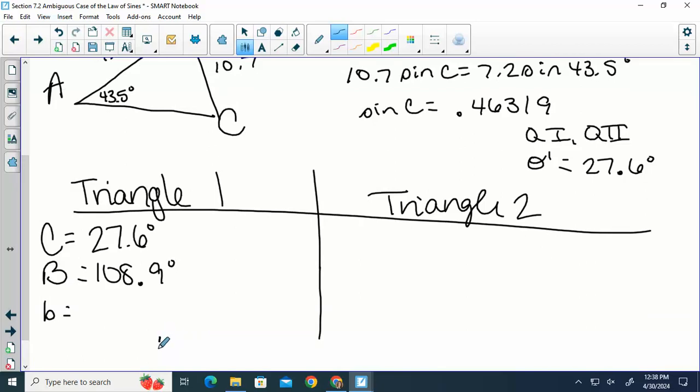So we can do A over sine A equals B over the sine of our angle B, which we found to be 108.9. And get side B to be 14.7 inches.